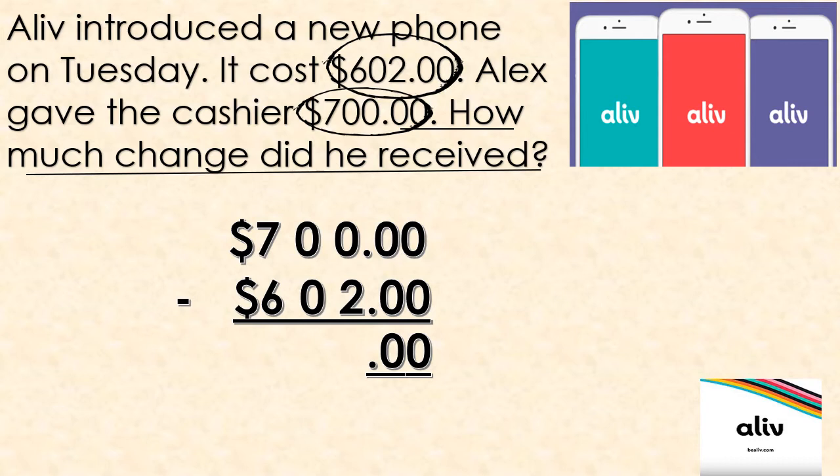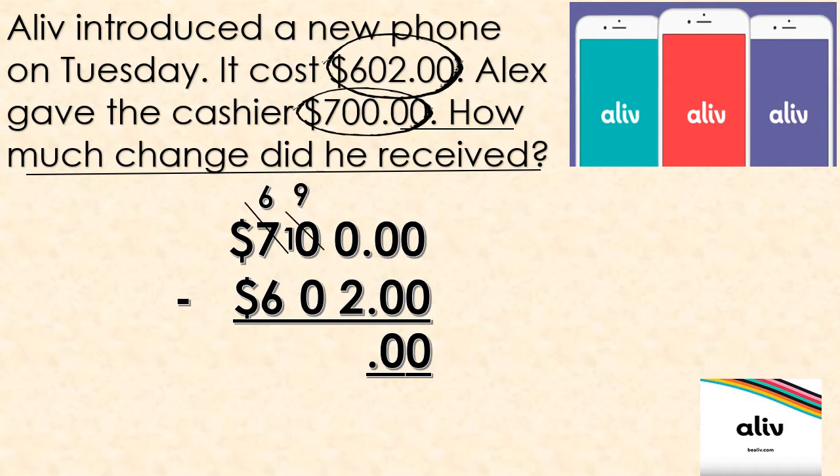Now we're at our ones place. 2 ones from 0 ones cannot work, so go to the tens. Still cannot work, so go to the hundreds. Rename our 700s as 600s. Go back to our tens place. Rename our 10 tens as 9 tens.